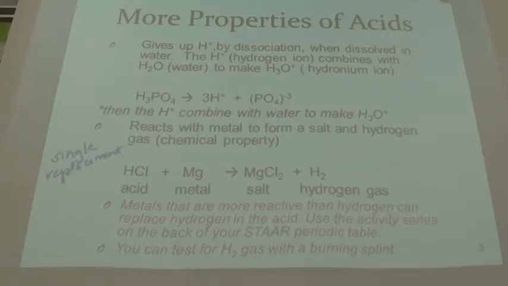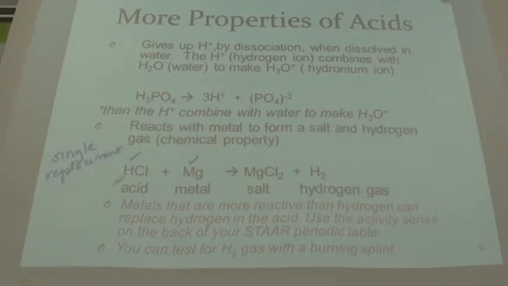Okay. Yesterday, you took a solution of hydrochloric acid and you dropped it onto the metal magnesium. Which is higher on the activity series, hydrogen or magnesium? Magnesium, so it replaced the hydrogen, correct? And we see that in the products, magnesium chloride, and it formed hydrogen gas.